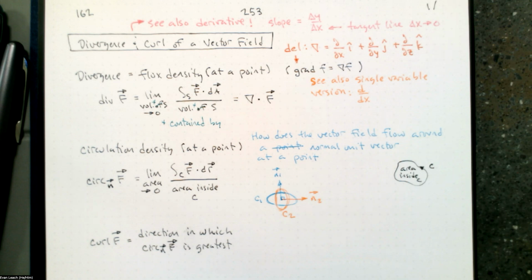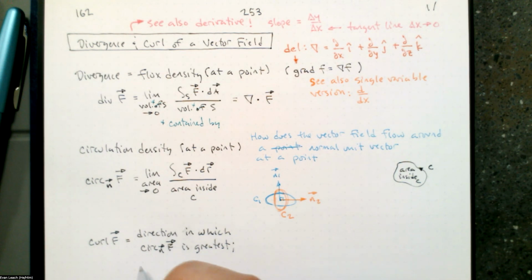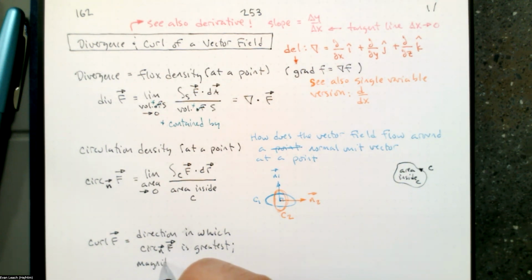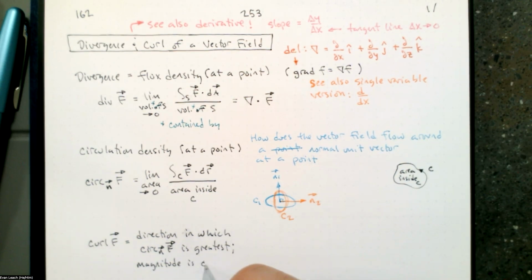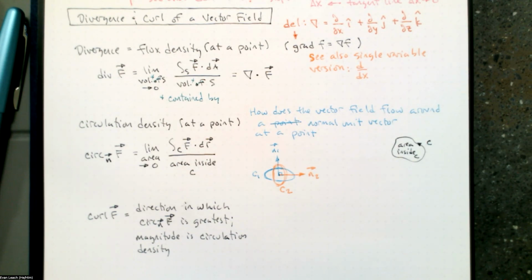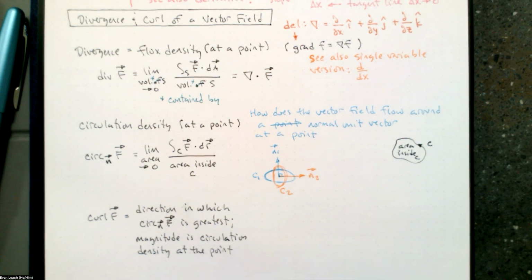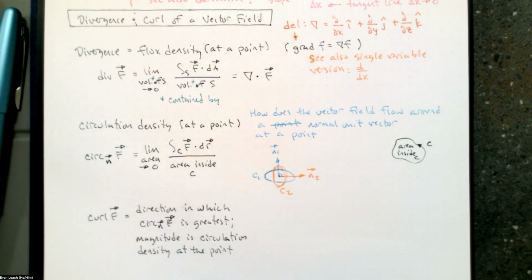It's the direction n for which the circulation is greatest. The magnitude of the curl is the circulation density around that direction. So the magnitude is the circulation density. It's our maximum circulation density at the point.